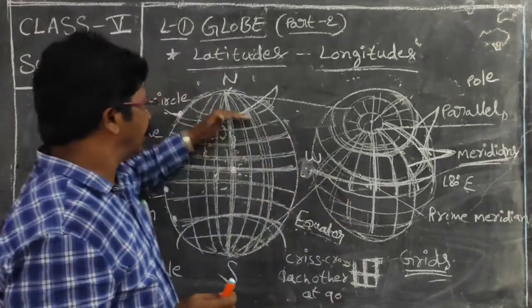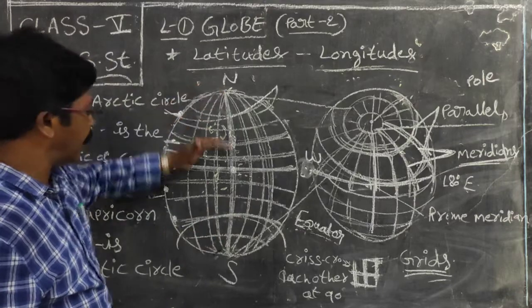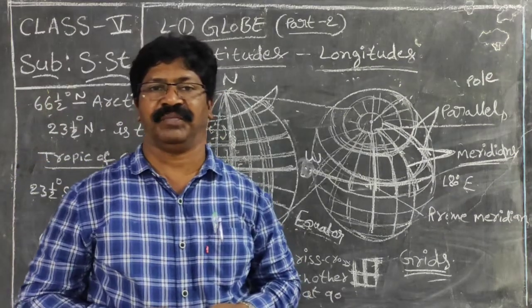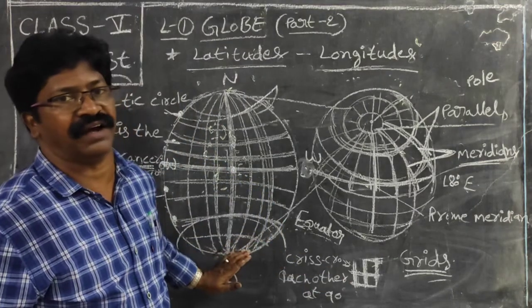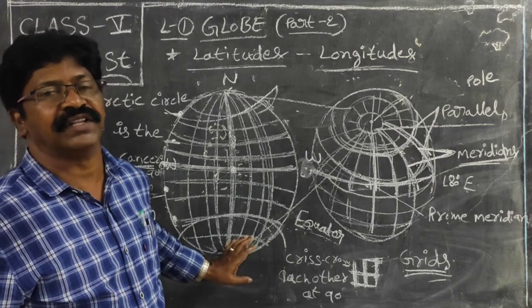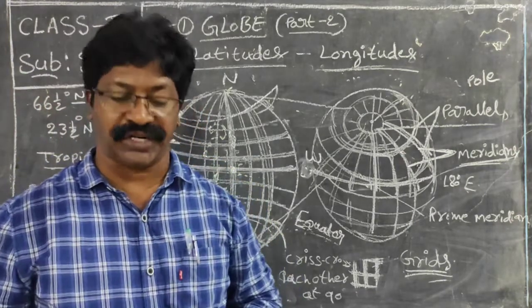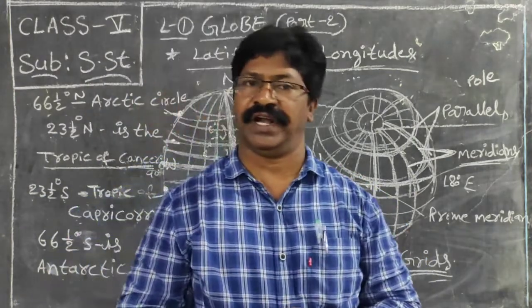But in the Arctic Circle and Antarctic Circle we will not see that much temperature, so that is totally icy area. These are the main points we learnt today.